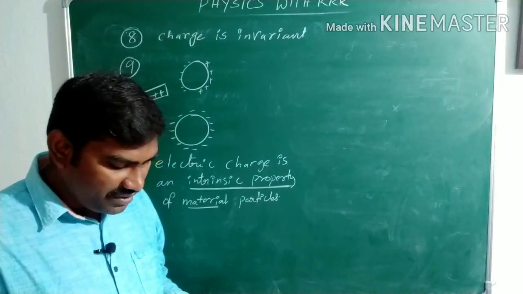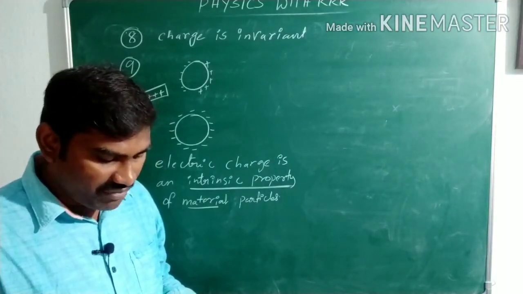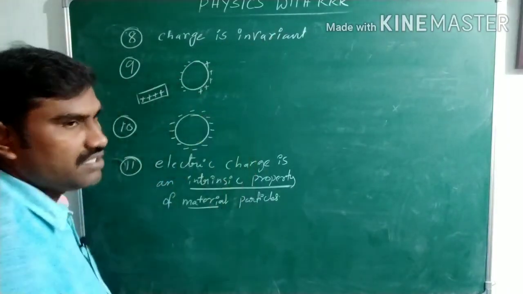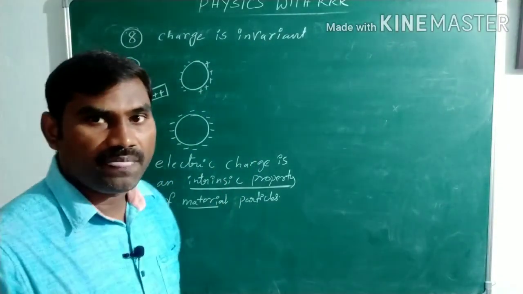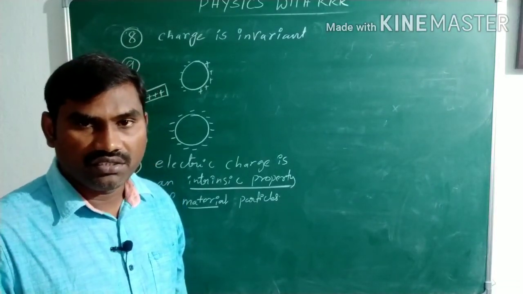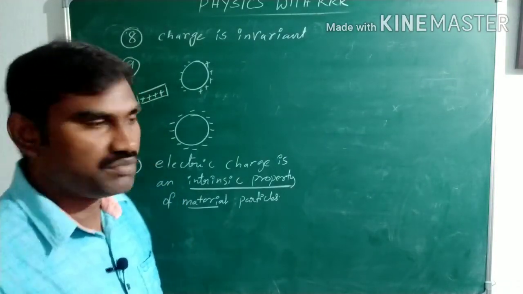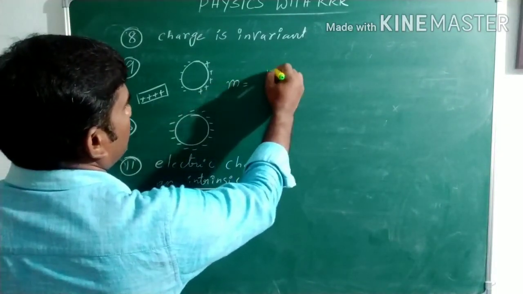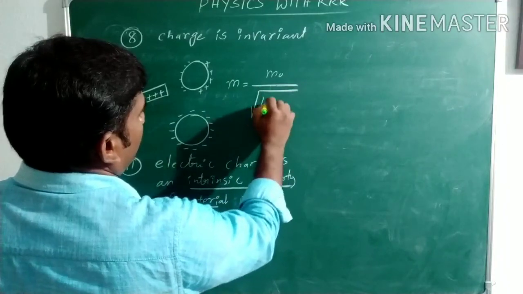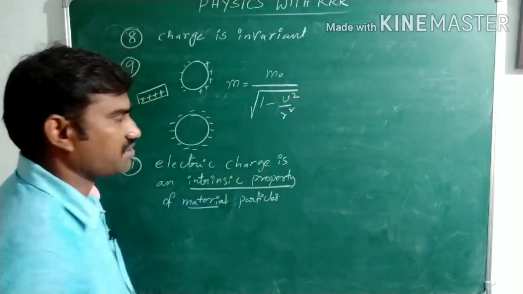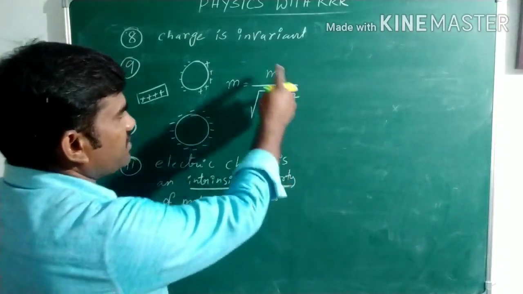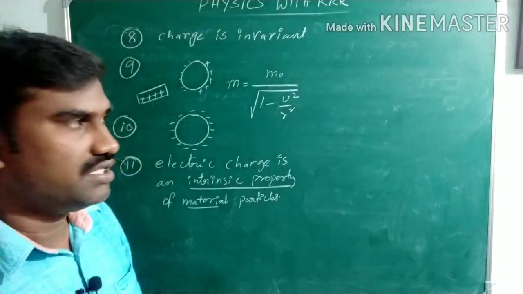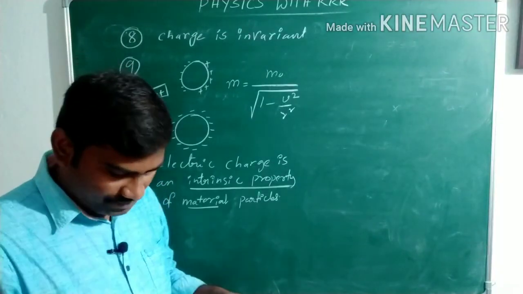Next statement: charge is invariant but mass is variant with respect to velocity. Charge is invariant because the charge of a body or particle does not change with the velocity or motion of the body. But mass changes according to the theory of relativity, m = m0 divided by the square root of 1 minus v square by c square. This shows that mass changes with the velocity of the particle.